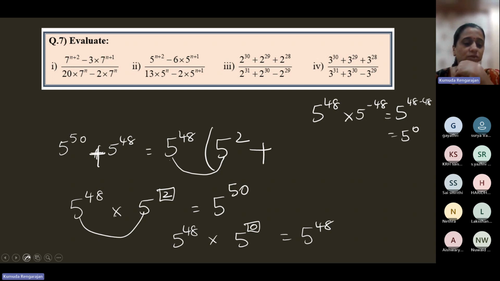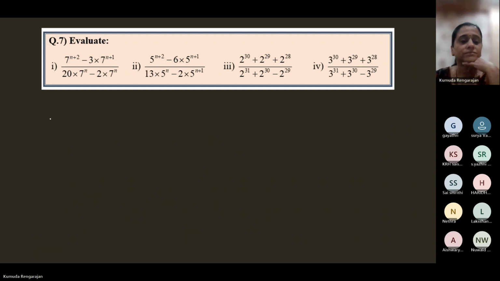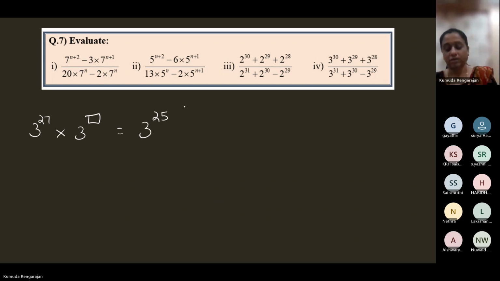I'll clear the screen and ask you again. So like 3 to the power 27 into 3 to the power what will give us 3 to the power 25? Minus 2. Bases are same. It's multiplication.